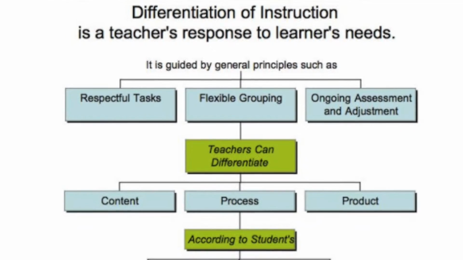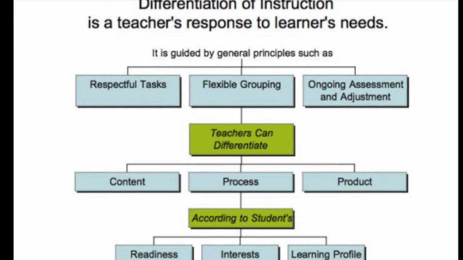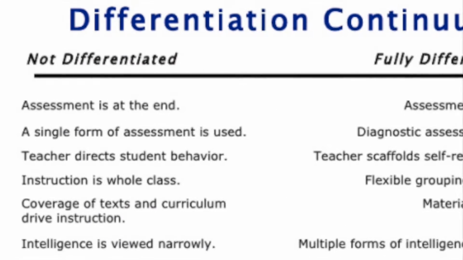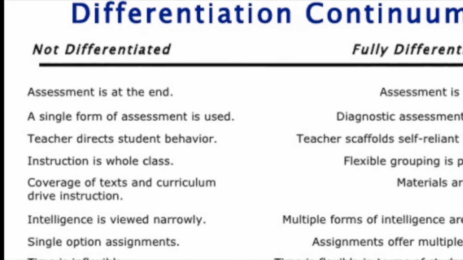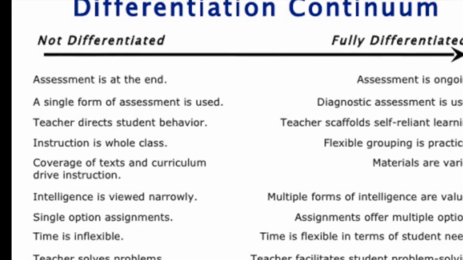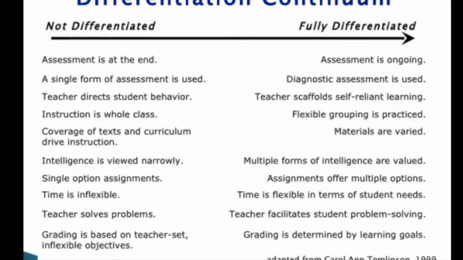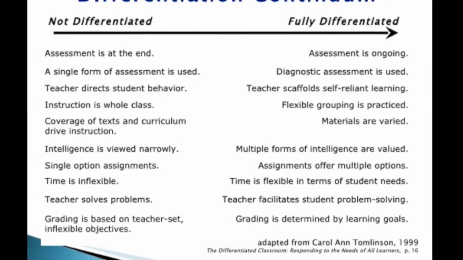In Carol Ann Tomlinson's book, The Differentiated Classroom, she says, "A good activity is something students will make or do using an essential skill and essential information in order to understand an essential idea, principle, or answer to an essential question.